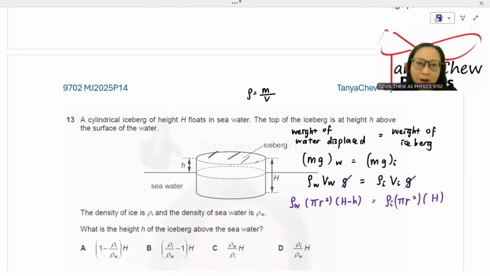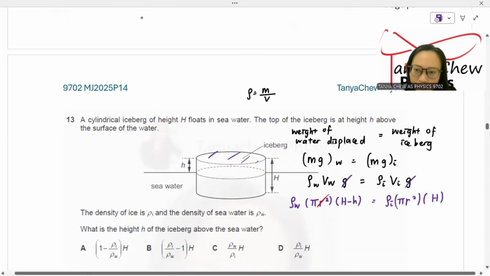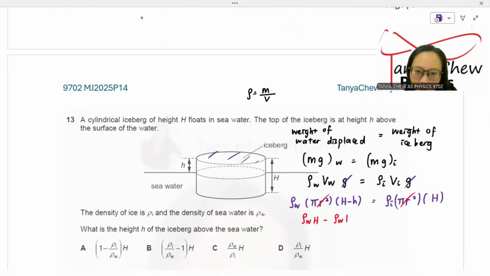Now, pi r square and pi r square, we can cancel off. So I have density of the water H minus density of the water small h is equal to density of the ice times H.